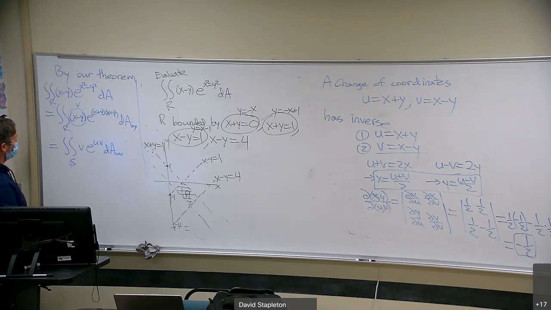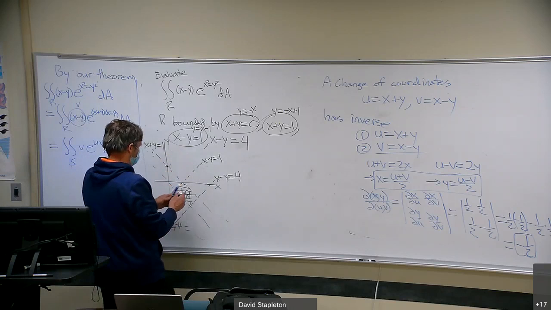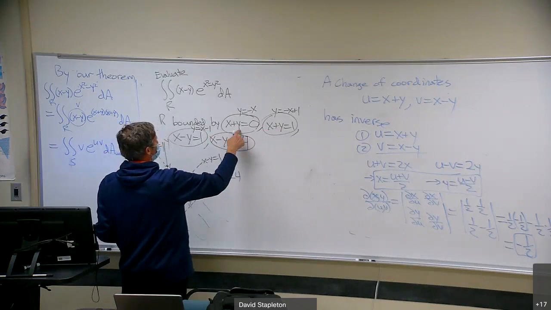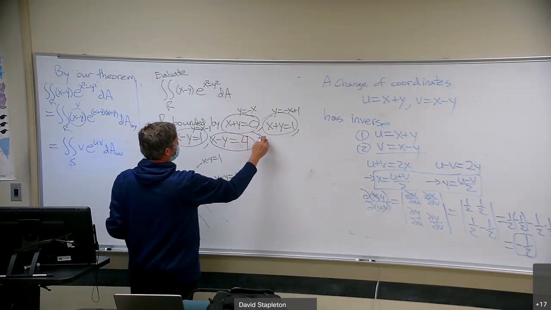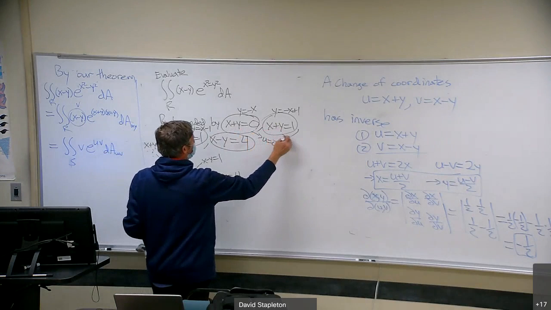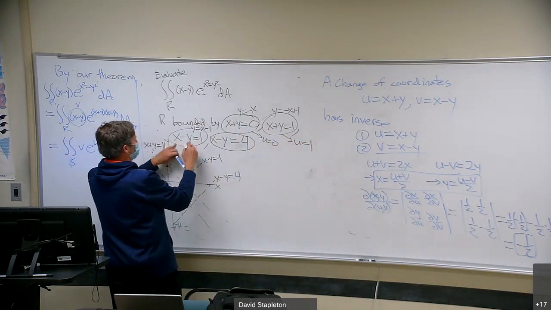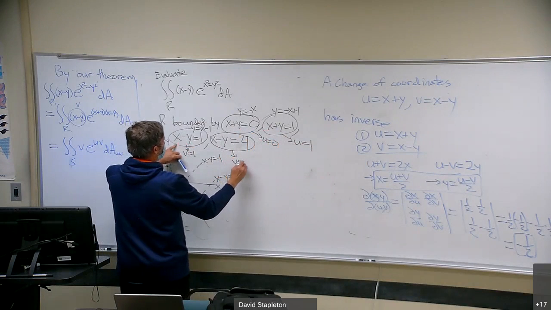But moreover, it's simple, because if we look at what these boundaries are, since we put u equal x plus y, this boundary becomes u equals 0. This boundary becomes u equals 1. Because we let v equal x minus y, this boundary becomes v equals 1, and this boundary becomes v equals 4.